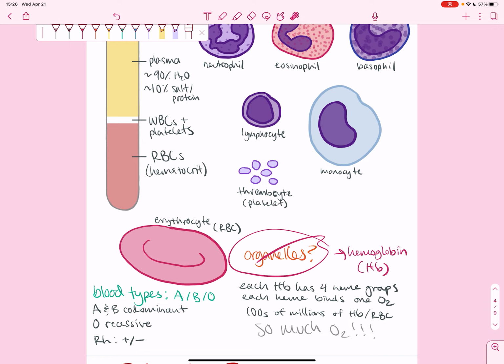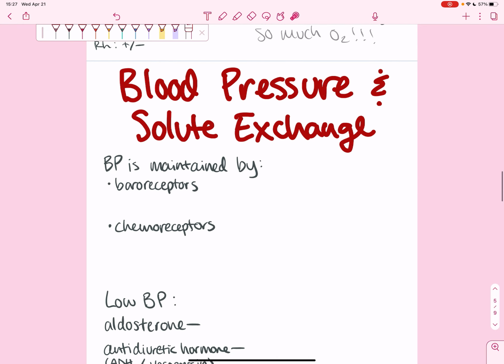For the Rh factor, the positive and negative, if you're a negative type, then you're not born with anti-Rh antibodies until you've been exposed to it. So if you're a negative blood type and you've never had exposure to a positive Rh factor, you're not going to have that kind of antibody. Okay. All right. Moving on.